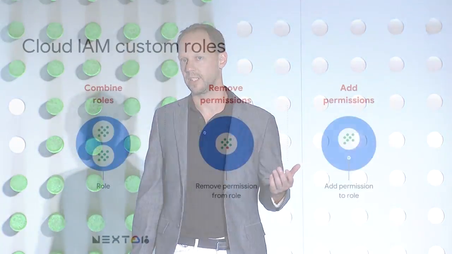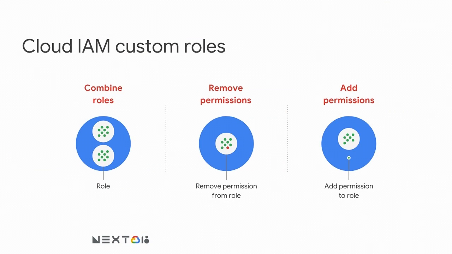Custom roles, while they can be used for anything, have three very common use cases. The first is to combine roles. You look at the predefined roles that different teams have worked hard to create, and say, oh, I like these two roles, and I'm always granting them at the same time.